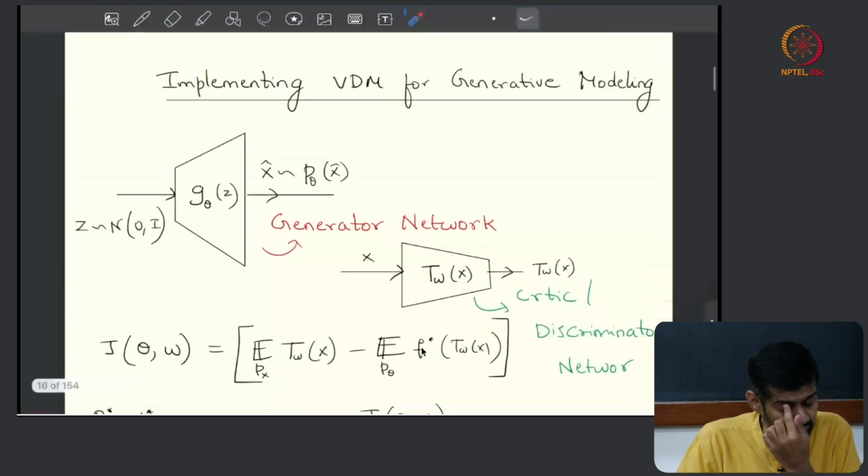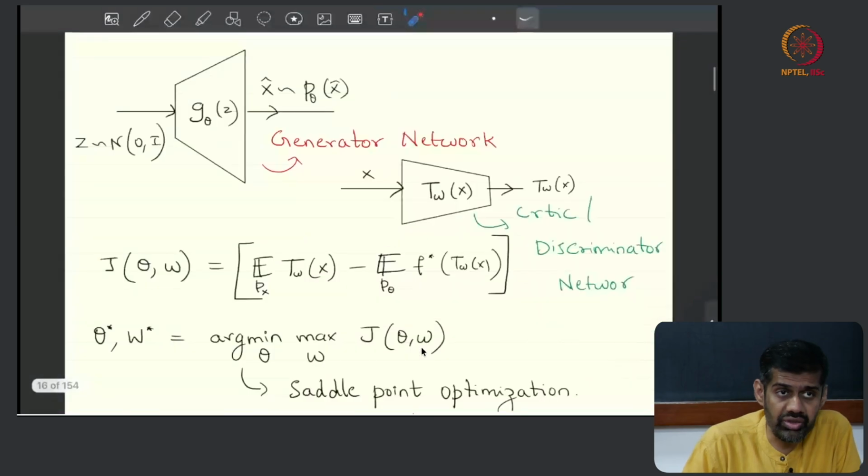So, as discussed, we have two neural networks here. One is the sampler network, g theta network, that would take samples from an arbitrary random variable, Gaussian in our case, and transform it into another distribution which we are representing as p theta, the so-called generated distribution. This neural network is typically referred to as the generator neural network, generator because it is sampling from the underlying distribution.